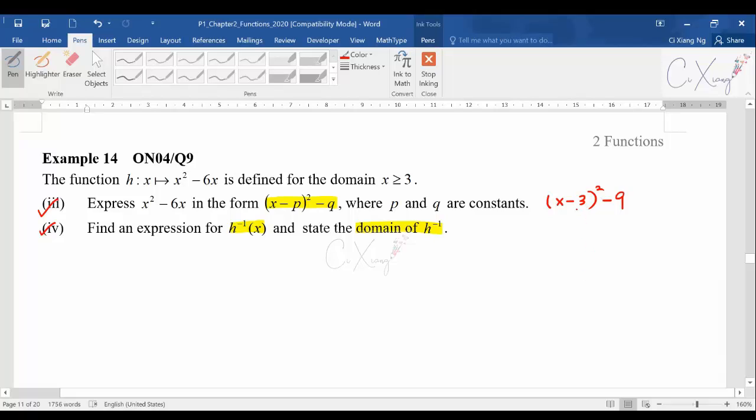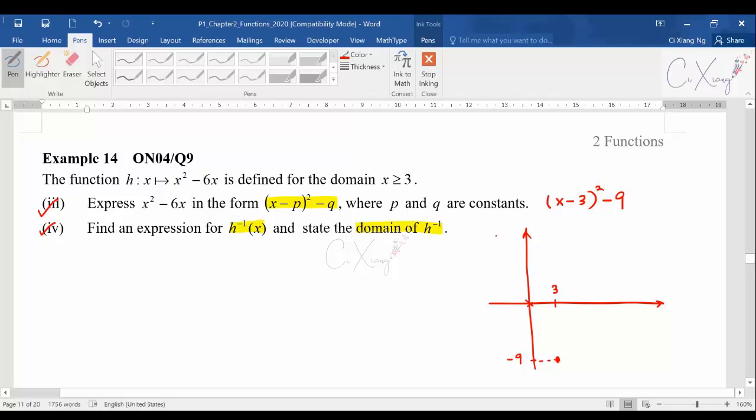So I'm having x minus 3 squared minus 9, which means if let's say I try to sketch it, my graph will look something like this. So let's say this is a 3, and this is negative 9. Okay, so when I have x equals to 0, 0 minus 3 squared is a 9, 9 minus 9 is a 0, so my x-intercept will be here.